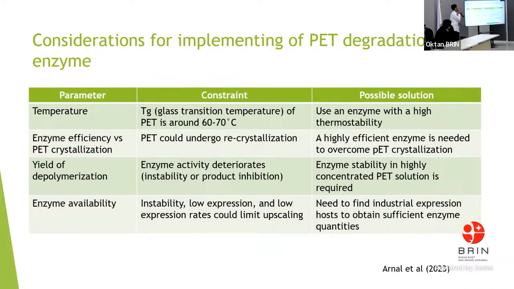So we need to enhance the stability in highly concentrated PET. The last one is enzyme availability, because instability and low expression in the host could limit the upscaling process. So we need to find an industrial expression host to obtain large production.